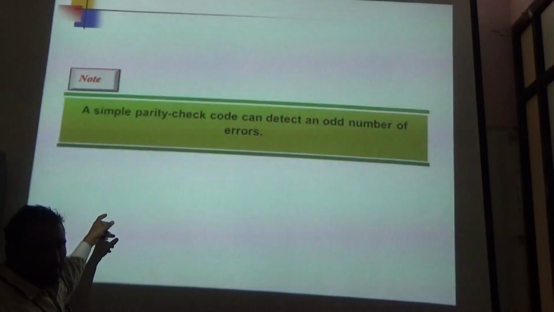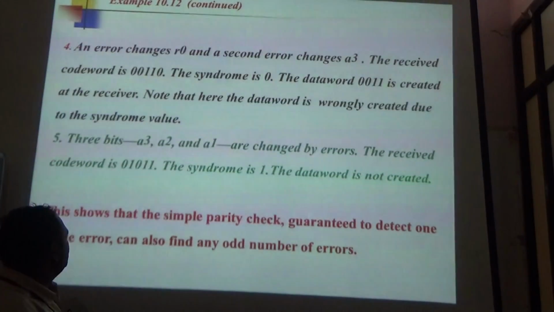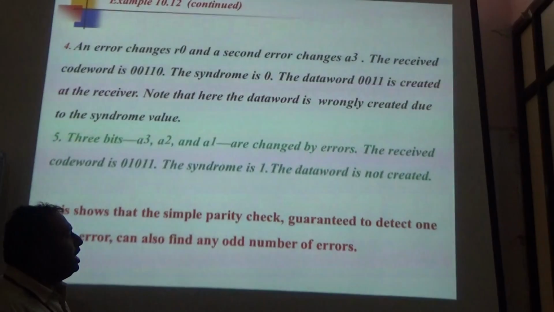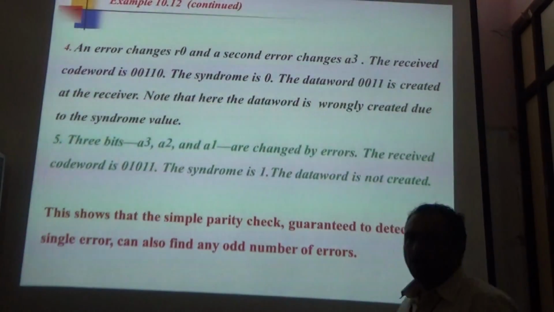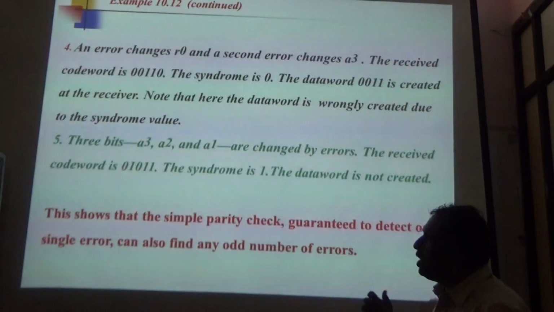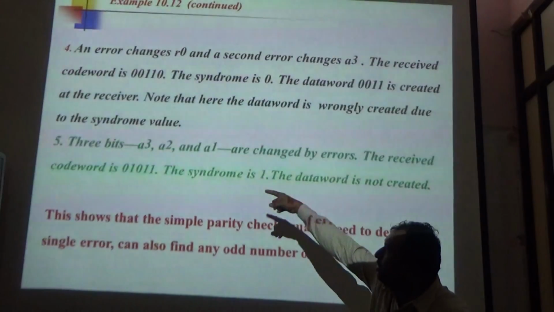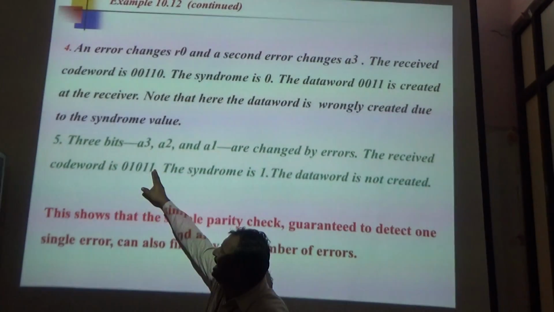Now back. From this example, we may reach the conclusion that a simple parity check guarantees to detect one single error, or it can also detect an odd number of errors, as happened in this case. Even though a 3 bit error took place, it is easily identified.